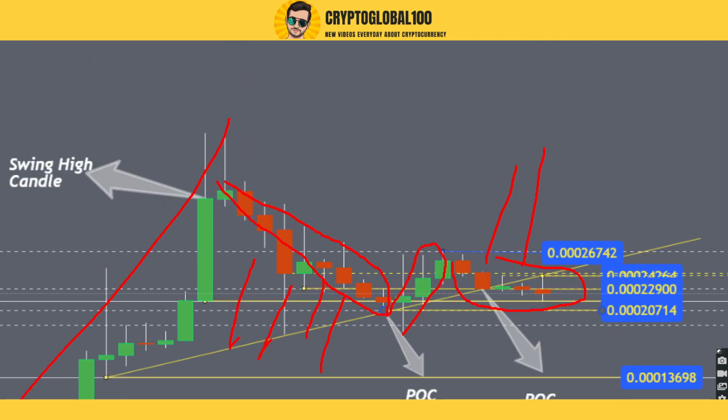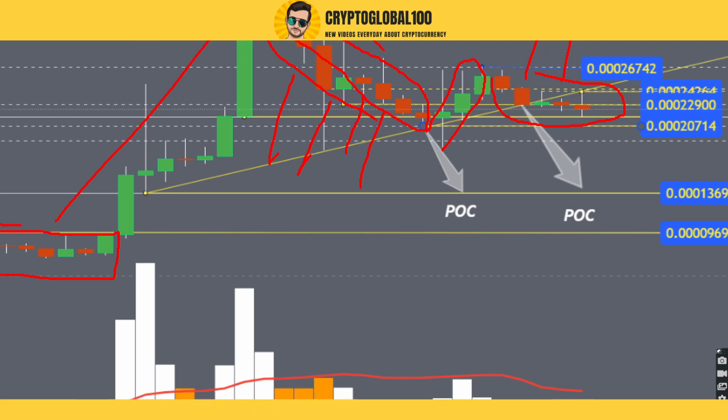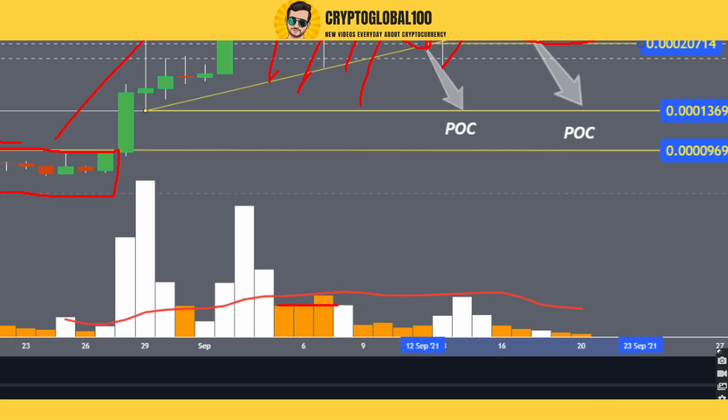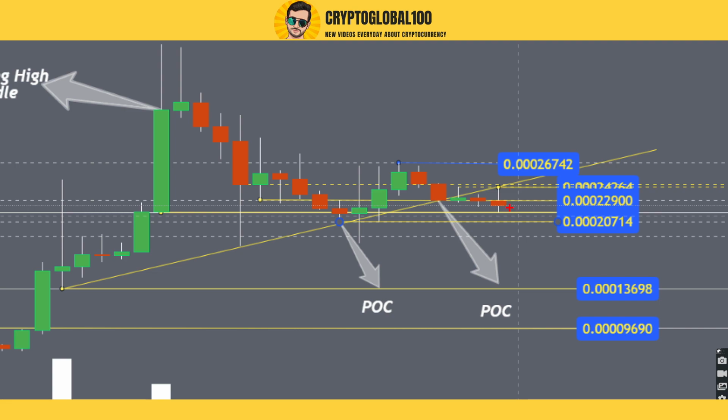Those people who bought at the lowest price were taking the profits, and maybe panic selling as well. But right now the volume is going low, and we might gonna see some small candles, and after the small candles, that would be a good sign. Small size candles have to be made at this level, then we can see a move towards the upside.